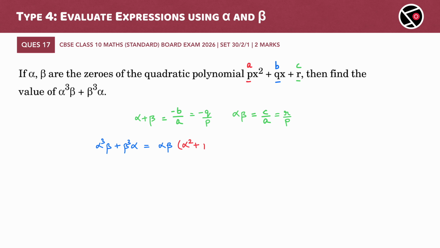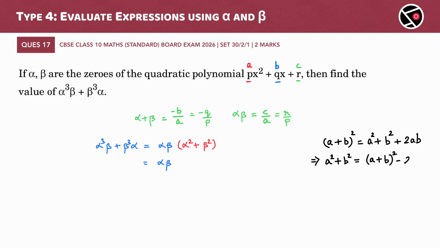Remember, a plus b whole square equals a square plus b square plus 2ab, or a square plus b square equals a plus b whole square minus 2ab. So we can replace alpha square plus beta square with alpha plus beta whole square minus 2 alpha beta.